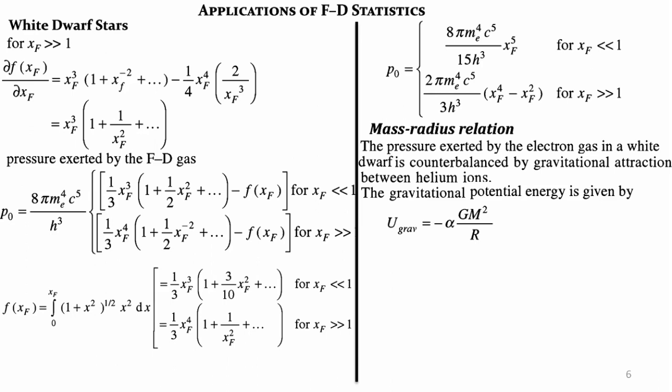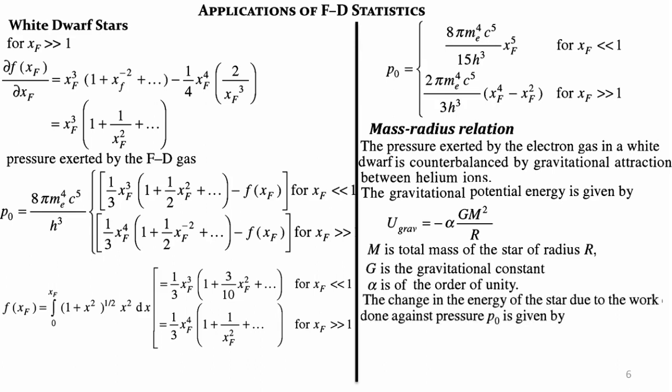So this is minus alpha G M square over R. Here G is the gravitational constant, M is the total mass of the white dwarf star, R is the radius of the star. That gives you the gravitational potential. Alpha is a constant which is close to 1. We won't be talking much about alpha. So these parameters we already described.